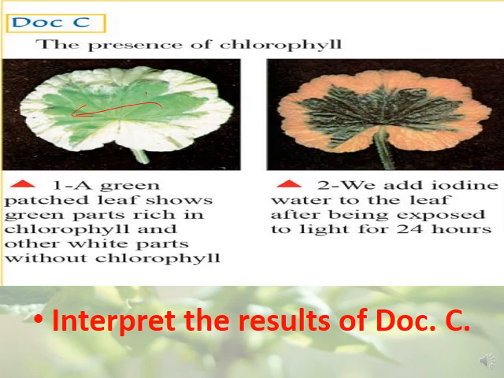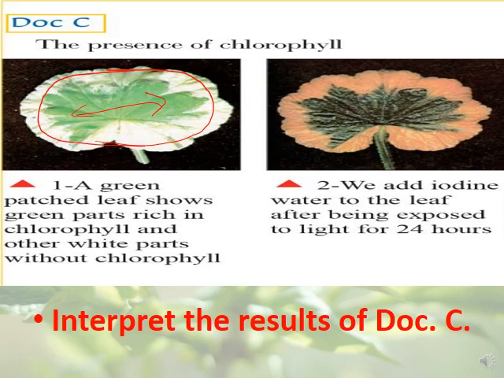These are the green parts, and in the periphery we have a non-green part, which means it's a white part without chlorophyll. The green parts are rich in chlorophyll, and the white parts are without chlorophyll.